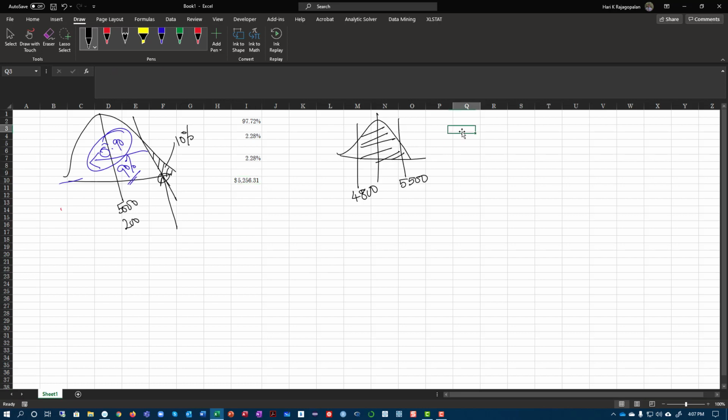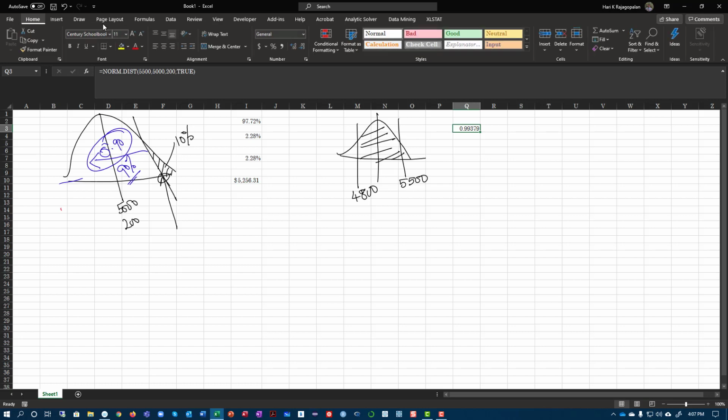And for that, what you would do is you would use norm.dist, right? And you would take 5,500, the mean and standard deviation are already given. Cumulative is true. So you find the probability. That's about 99.37% of the data is less than 5,500.